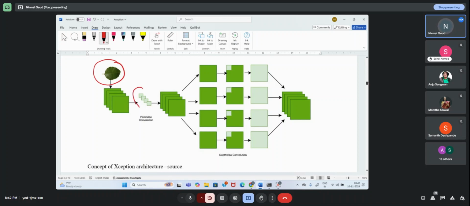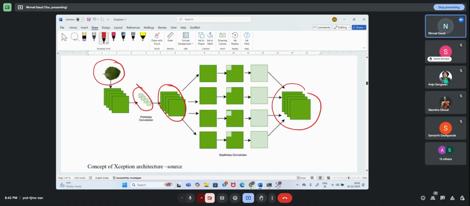Here pointwise convolution has been done, and then depthwise convolution has been done, and then all are merged.